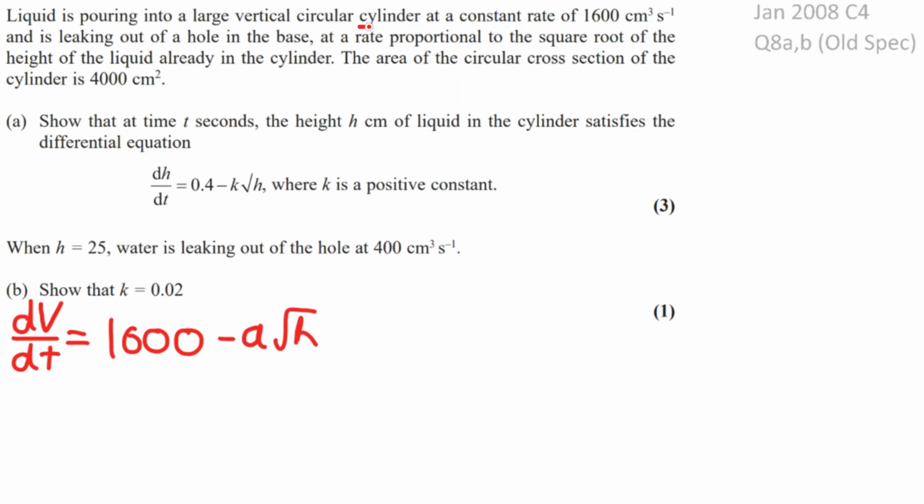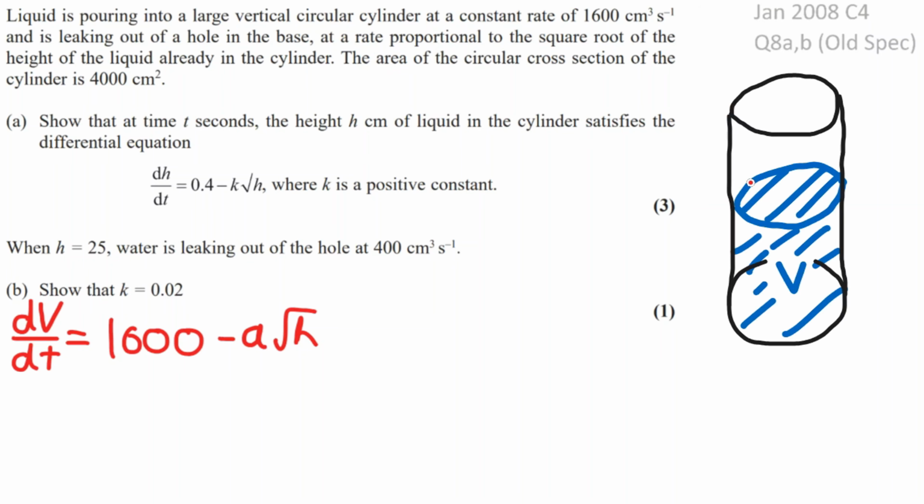So the question is based around a cylinder container that is containing liquid, and we're told that the area of the circular cross section of the cylinder is 4,000 centimeters squared. So it's a cylinder container that the liquid is held in, like this here, and this blue section here is the liquid that's in the cylinder, and it's got a volume of V. So we know that the circular cross section of the cylinder is 4,000, so this is this cross section up here, and it's also this cross section down here.